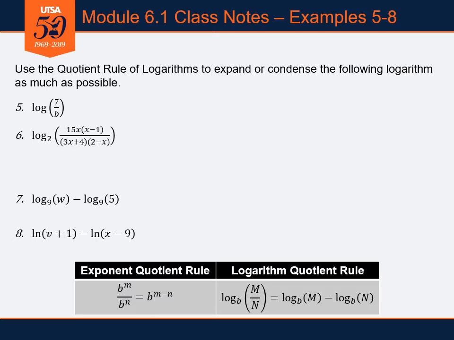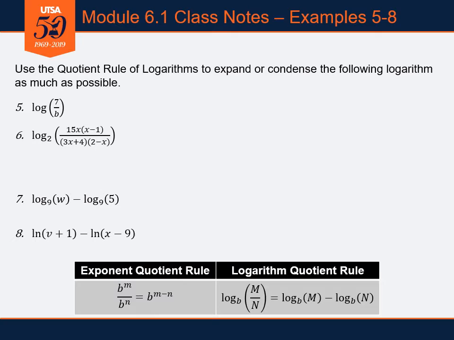That is, a quotient can be split into a difference of two logarithms, a difference of powers, since a logarithm is a power. So what do we do when we divide? We subtract powers. On the logarithm side, what do we do when we divide? We subtract logarithms. Those two rules are two sides of the same coin, the exponent form versus the logarithm form.